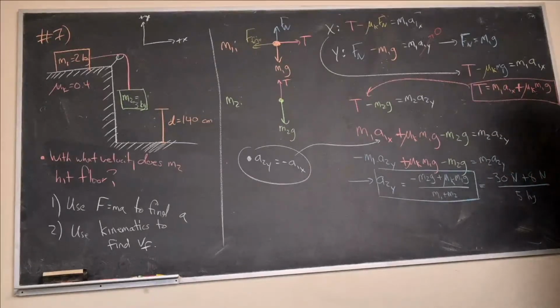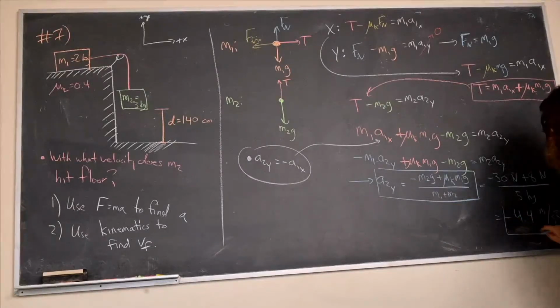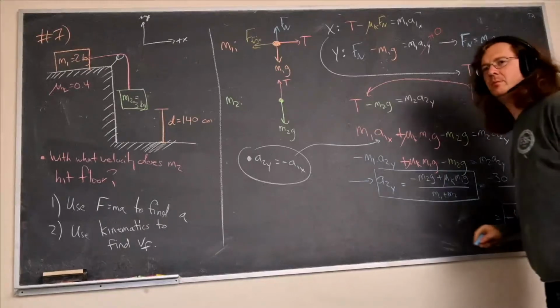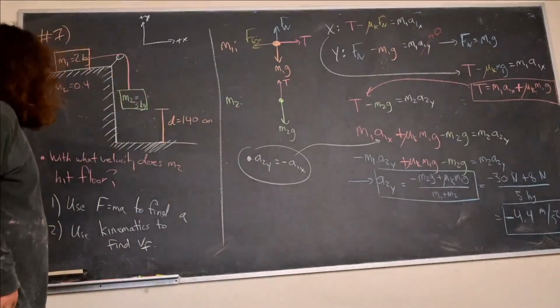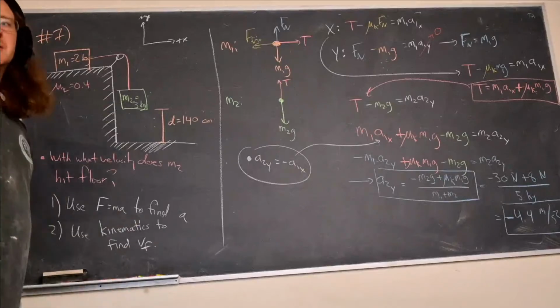This is minus 22 newtons over 5 kilograms, which is minus 4.4 meters per second squared. I am tired, y'all. So the acceleration is minus 4.4 meters per second squared. Makes sense. You expect this to fall, but with less than g.